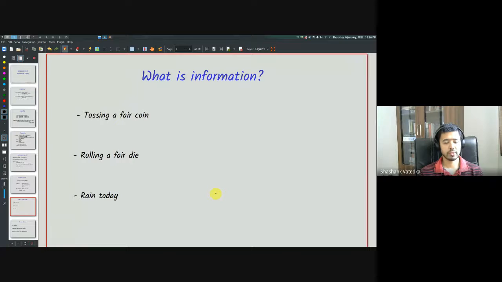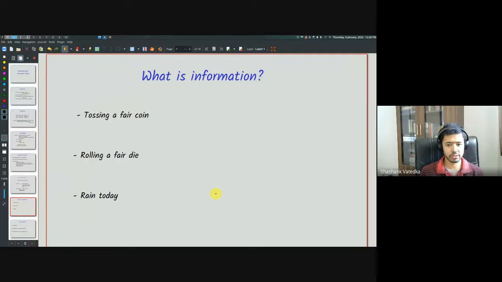So for example, let's say that I'm tossing a coin. A priori, you know that if I toss a coin, it can land either heads or tails, but you don't know what the outcome will be. There's a 50-50% chance of it being either a head or a tail.